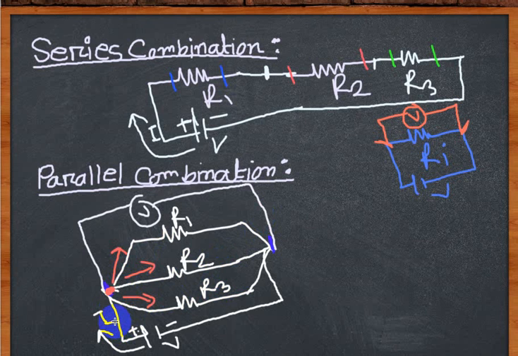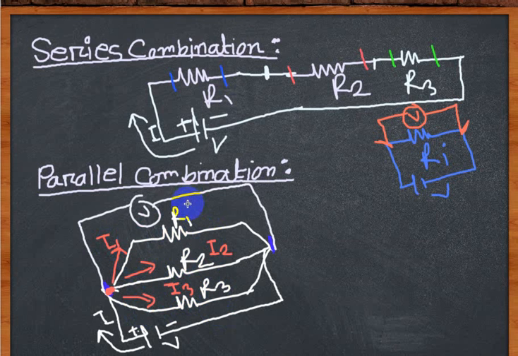So let us consider that the current flowing through R1 is I1, the current flowing through R2 is I2, and the current flowing through R3 is I3. So there are three currents.